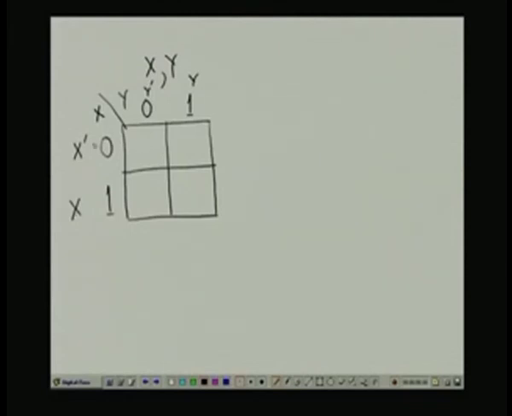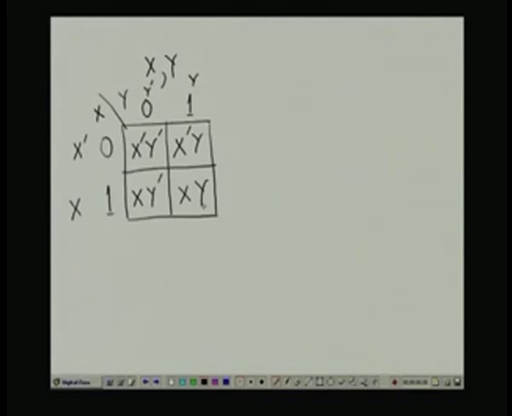So this becomes x bar y bar, this is the position of the minterm x bar y bar, this is the position of the minterm x bar y, this is the position of the minterm x y bar, and this is my x y.